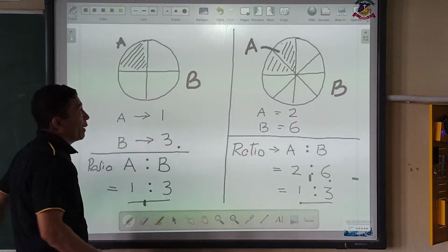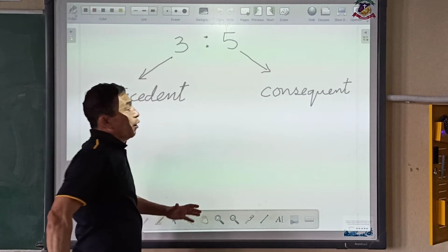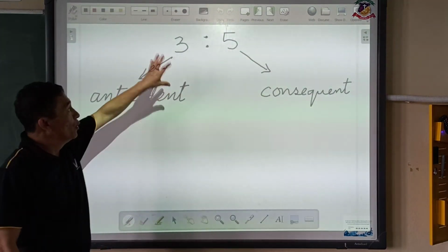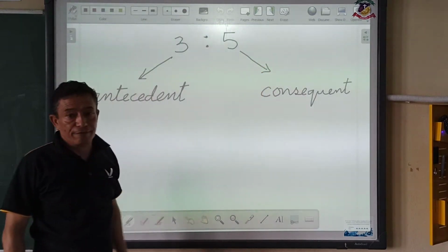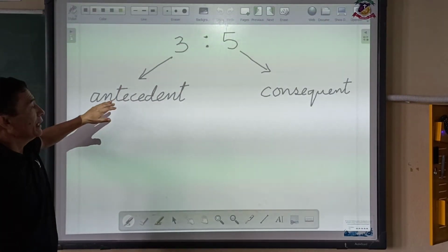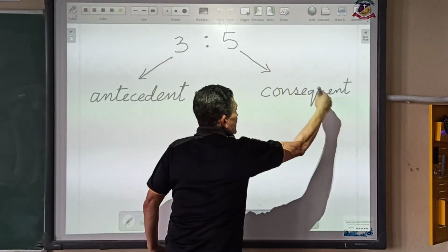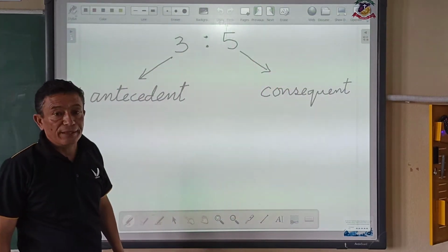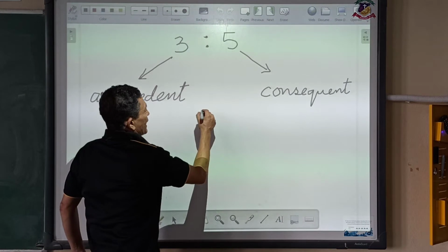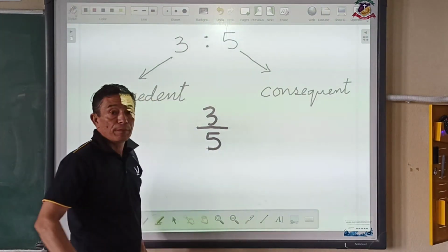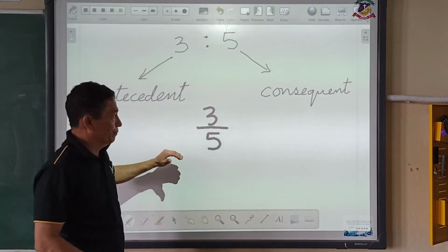Now, keeping this in mind, moving on. Suppose we have a given ratio 3 is to 5. The first one is called the antecedent and the second one is called the consequent. Now, the same ratio can also be written as 3 upon 5 in terms of a fraction.